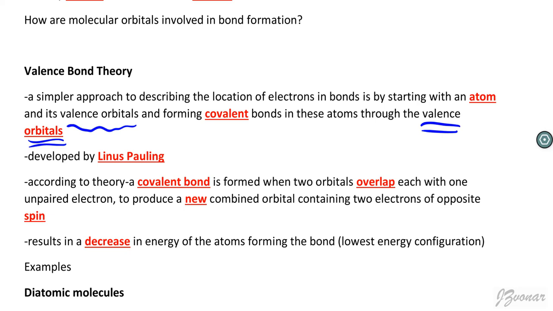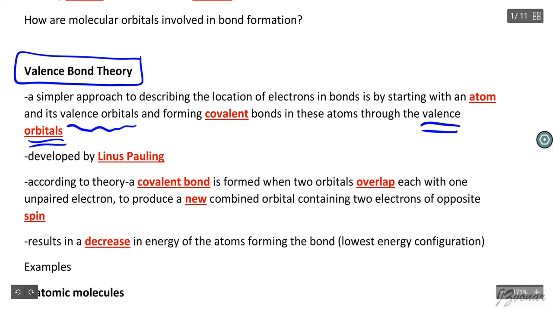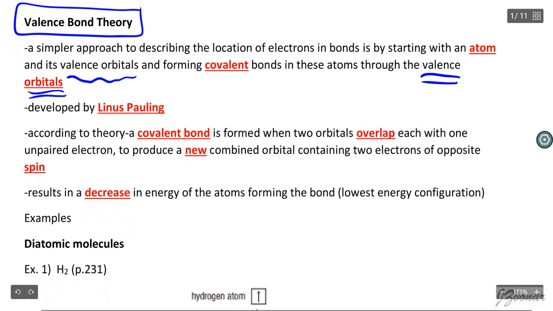The result of this covalent bond is that it decreases the overall energy and gives the lowest energy configuration. So that's the basic premise of the valence bond theory. So let's take a look at some examples of what this theory actually means using orbital diagrams.